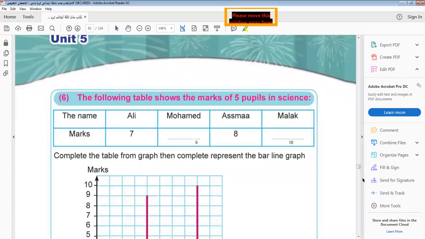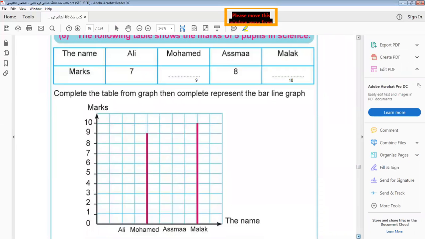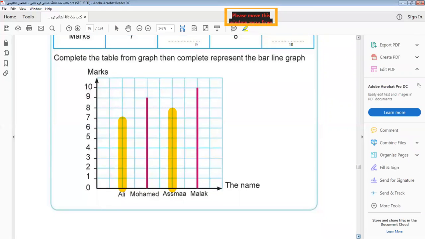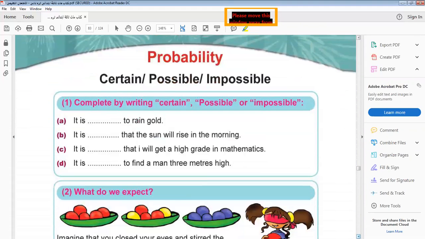So from 0 till 7 here, 1 2 3 4 5 6 7 is here, and Asma is 8, so 0 1 2 3 4 5 6 7 8, like that. And we finished this. Now we will talk about probability.